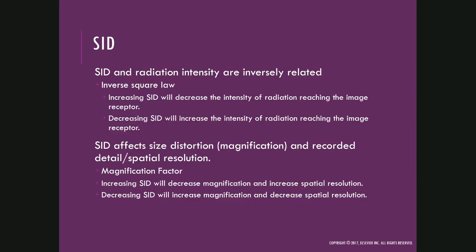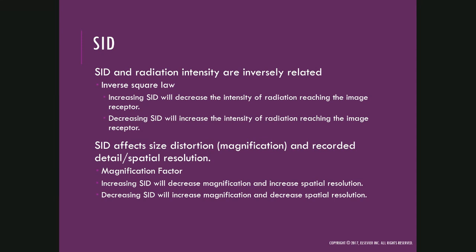Your source to image distance, your SID, also affects not only your distortion and your spatial resolution, but also your intensity. So let's start with the intensity. I think you guys understand this so far. As you increase your distance, you decrease the intensity of radiation hitting your image receptor, and that varies by the difference in the distance squared.